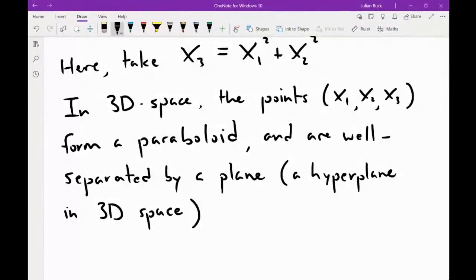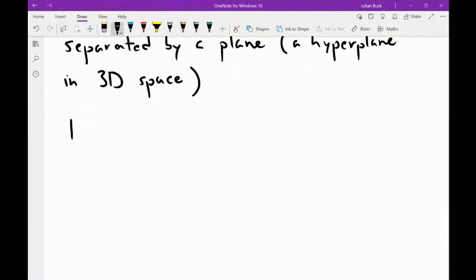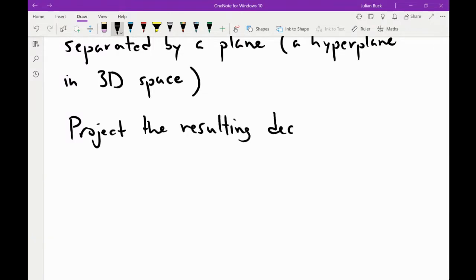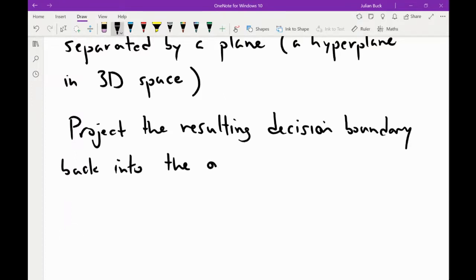So that's where the third picture there is coming from. So project the resulting decision boundary back into the original 2D feature space.